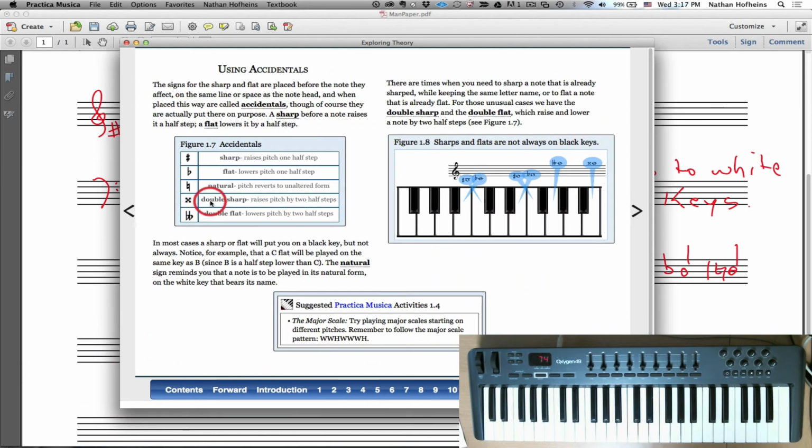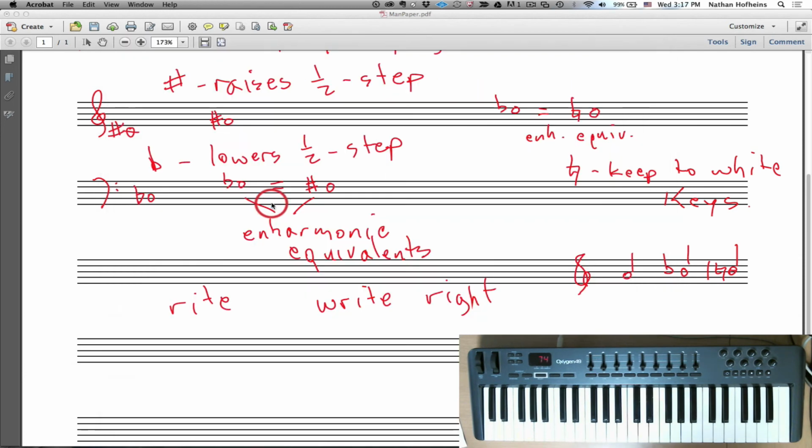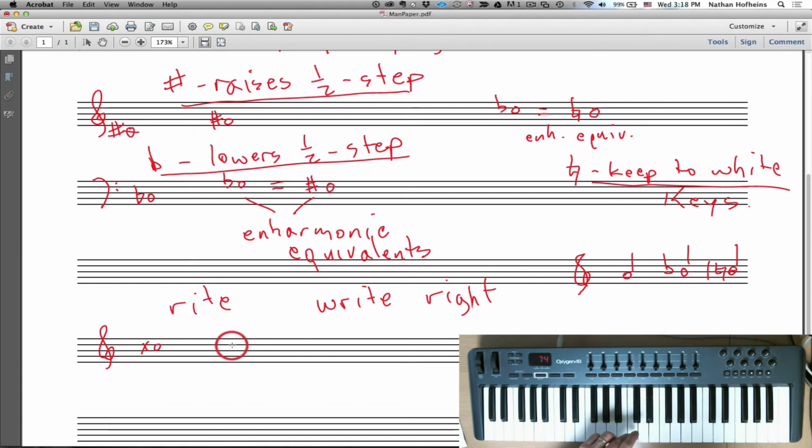Then it's got some others. It's got double sharp, which raises it by 2 1/2 steps. And for handwriting, lowers, naturals keep it to white. A double sharp, boy, that's not a very good treble clef. Double sharp is just an X when you're handwriting, and that means that you raise it 2 1/2 steps.